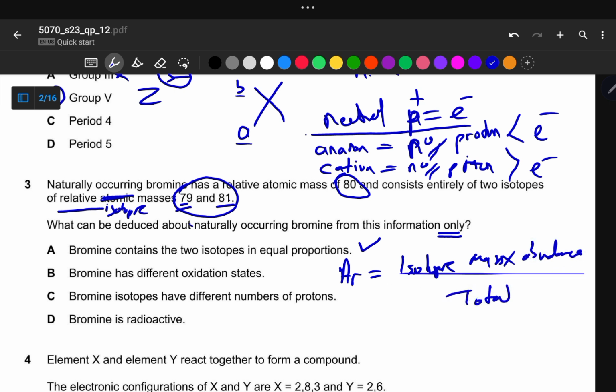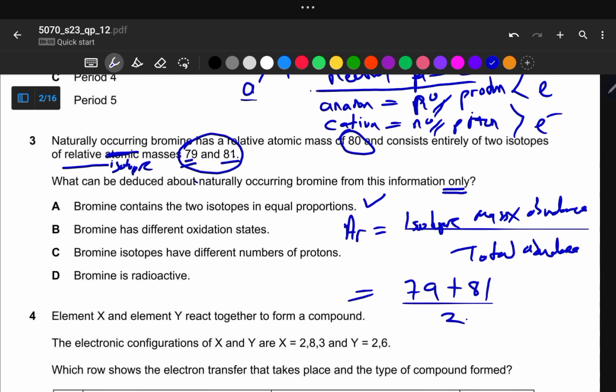So here we can simply add the 2 relative isotopic masses and then divide by 2, and we are going to have 160 over 2, which will give us 80. So this simply means that the 2 isotopes are in equal proportion.